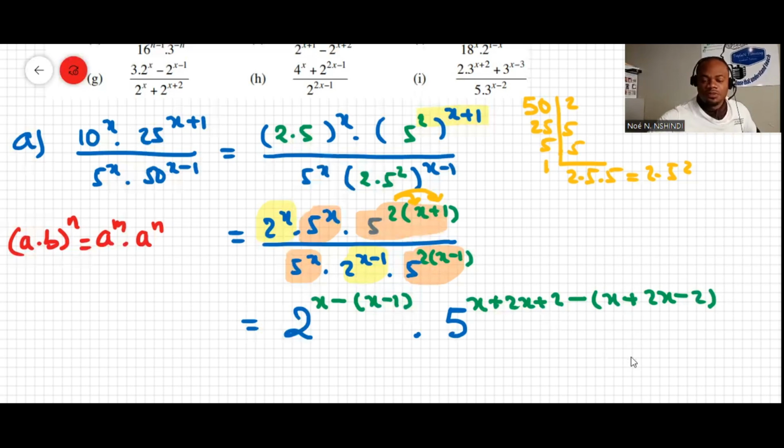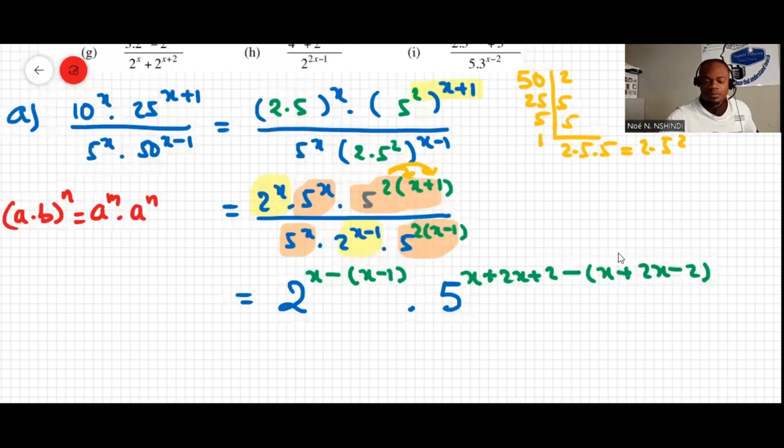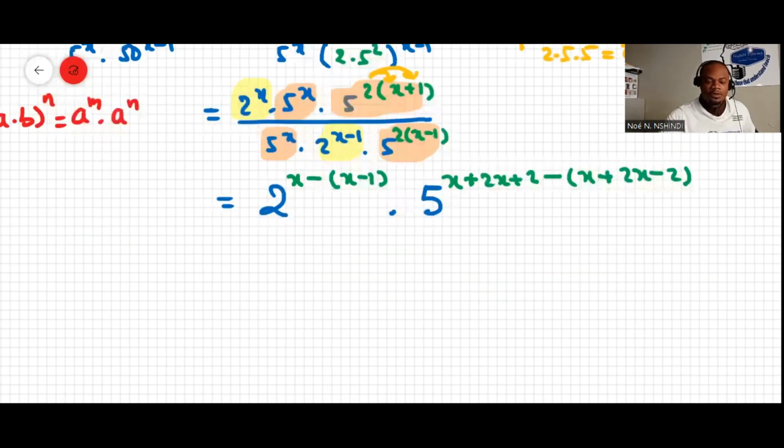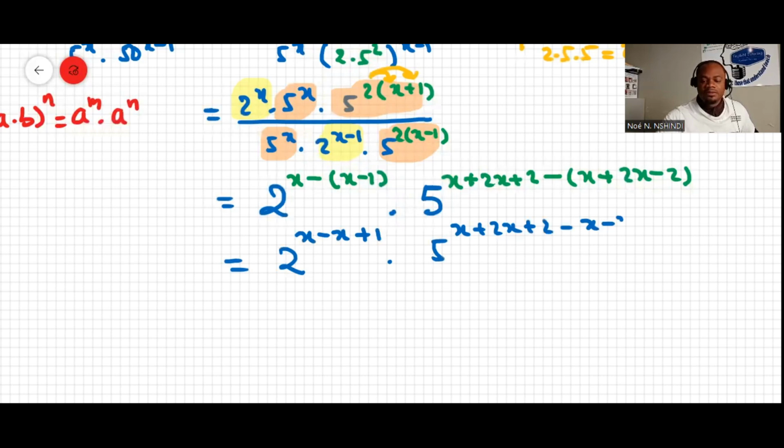Now, let's continue. This will be equal to 2, that makes x minus x plus 1, multiply by 5, and then x plus 2x plus 2 minus x minus 2x plus 2. Okay, we can simplify.